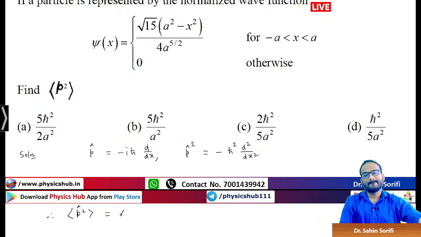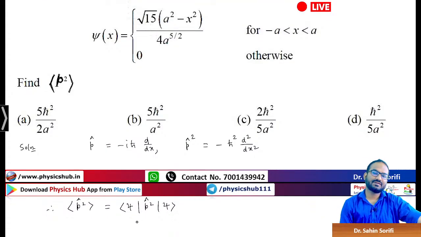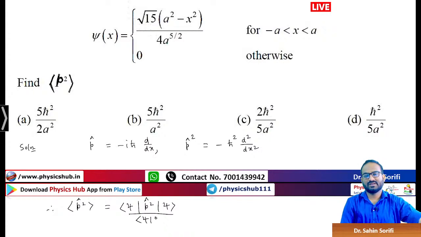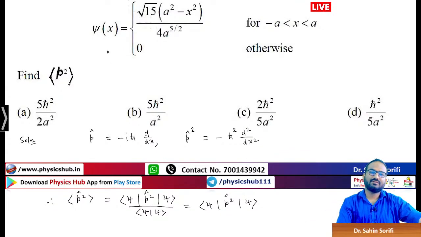This will be psi p square psi, and this is a normalized wave function, so division by the norm is not needed. You always apply this because psi is normalized, so we can directly write it like this. Now the value of psi is given to you.